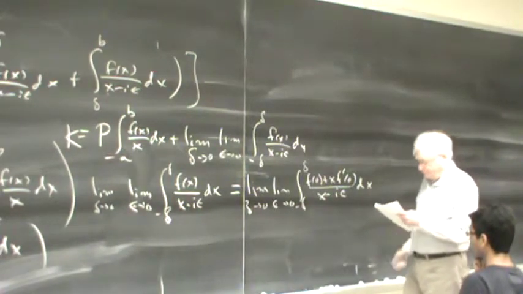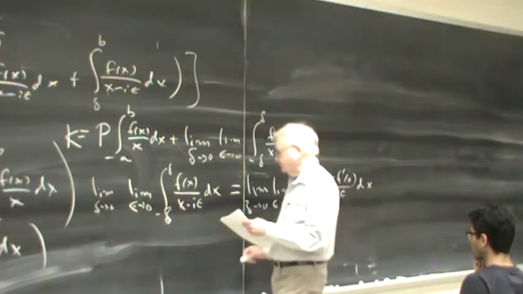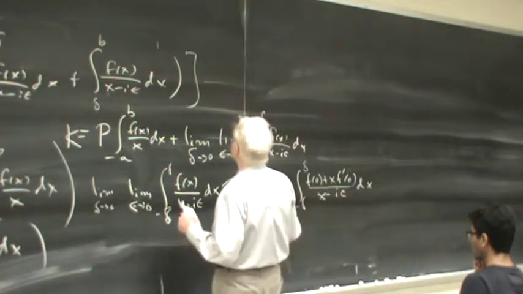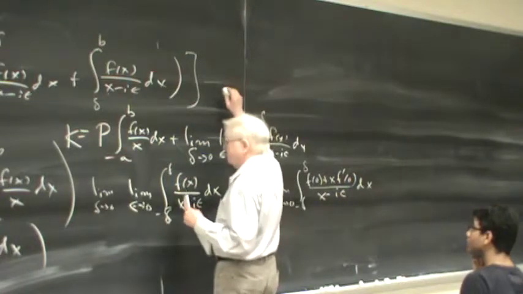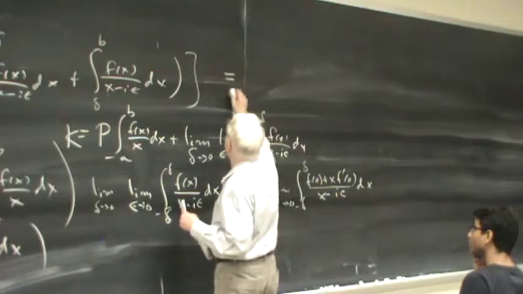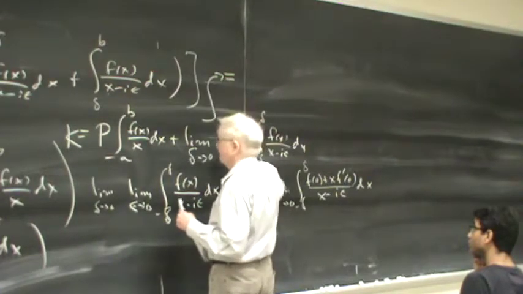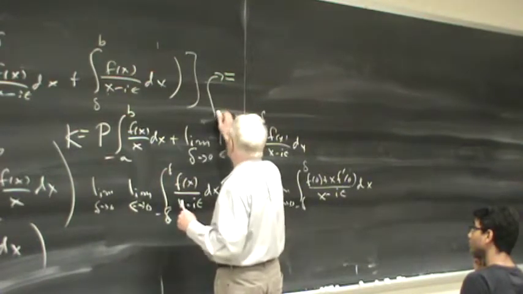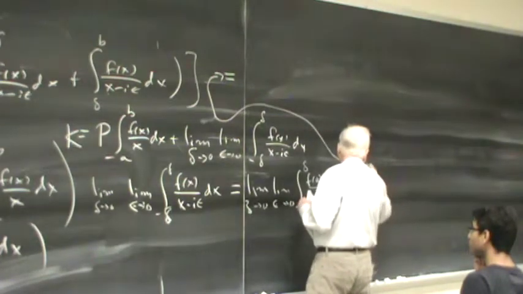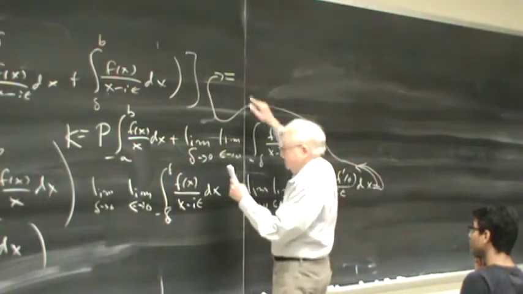Okay, so it's hard to write down there, so let me turn the thing up here. So let me just say equals, in fact, maybe I should say equals up to here.